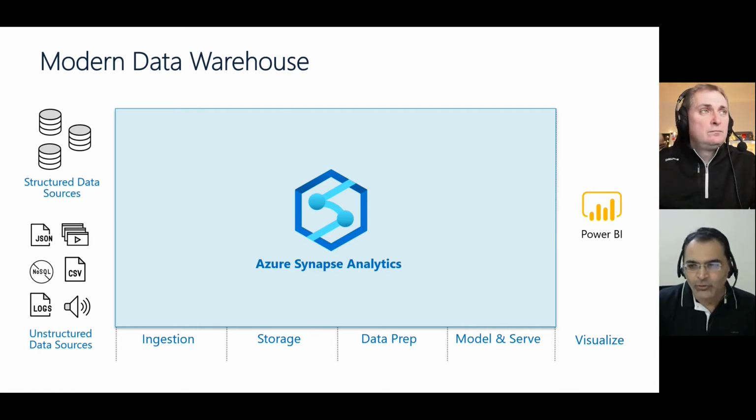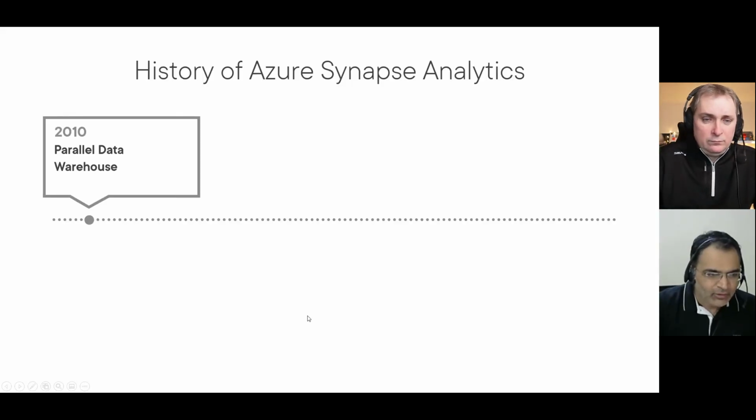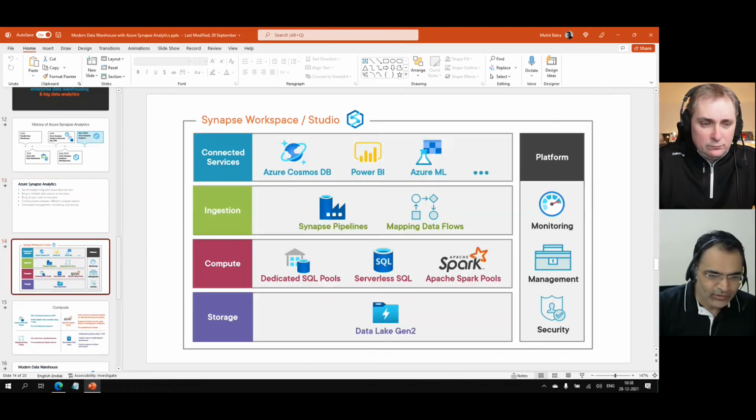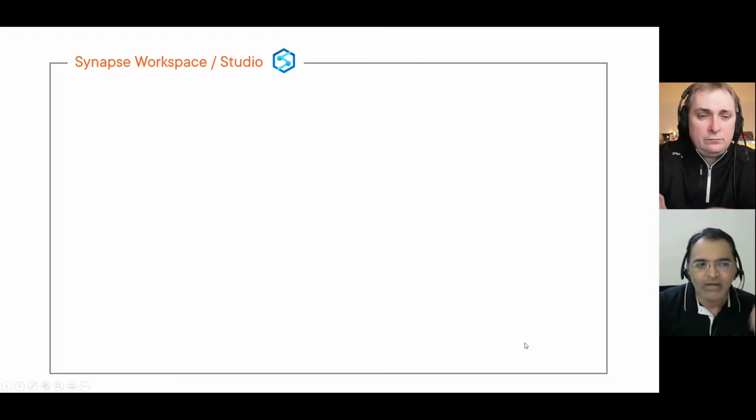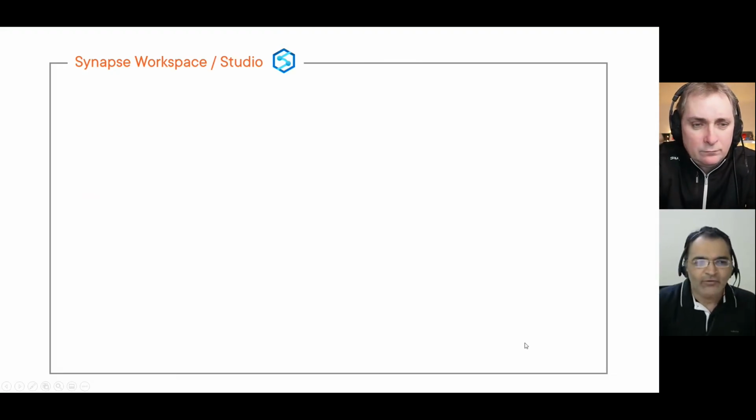Now, I'm going to show you what exactly is there in Azure Synapse. I'll skip through the history part, and straight away show you what is there in the Synapse architecture. First of all, what we have is the Synapse workspace. If anybody works with, let's say, Databricks, for Databricks we also create a workspace.